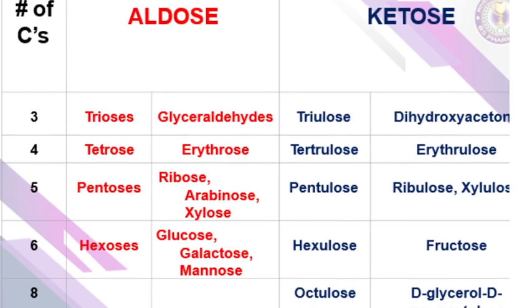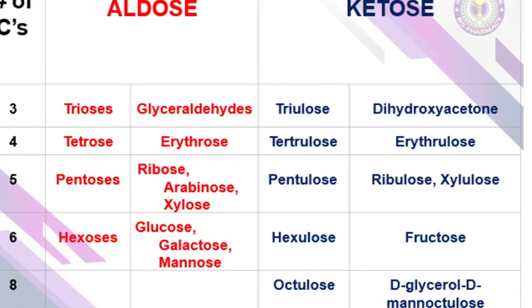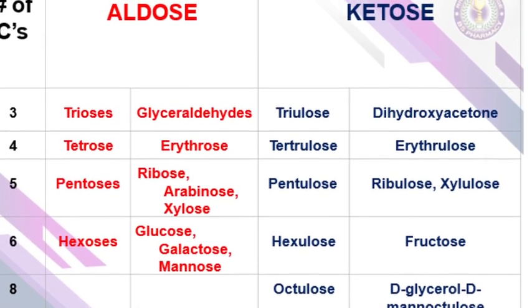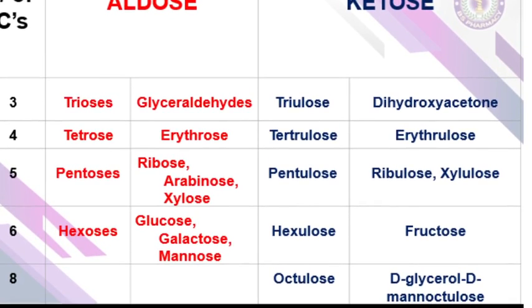But the most important that you should really take note of would be the ribose here, the xylose, and all of your hexoses, and in the ketose, the triulose and fructose. These are your important sugars that you should really take note of. So let's move on.